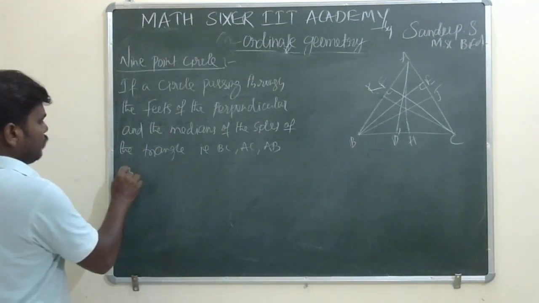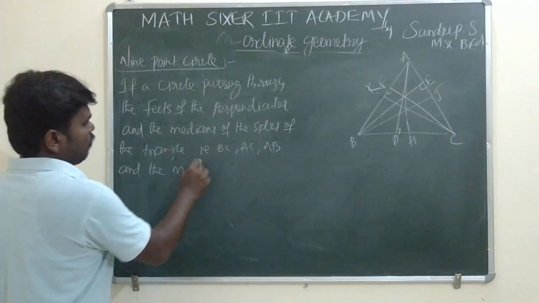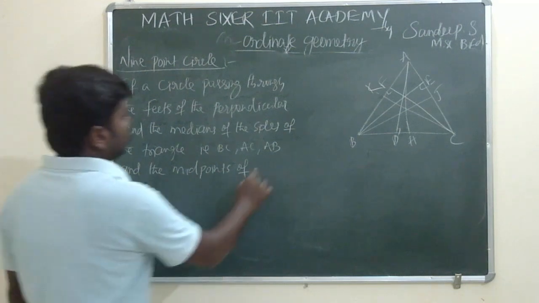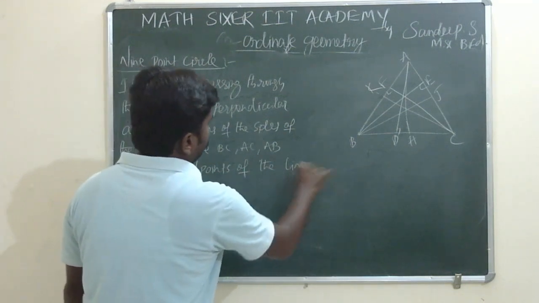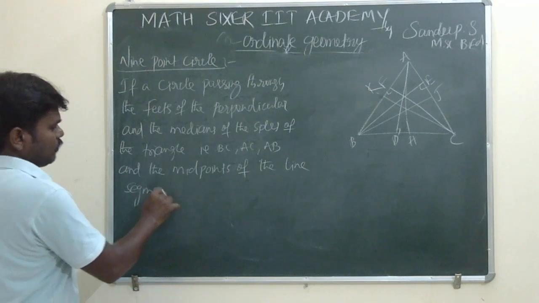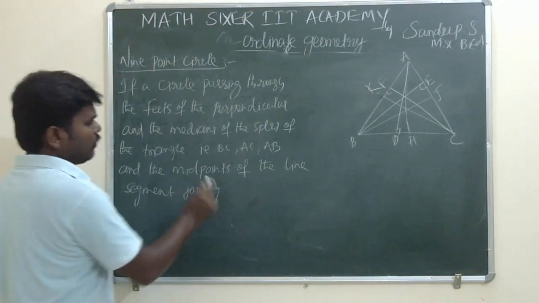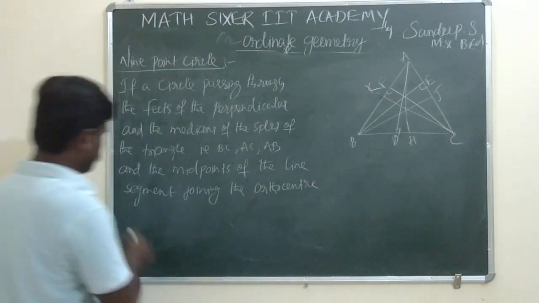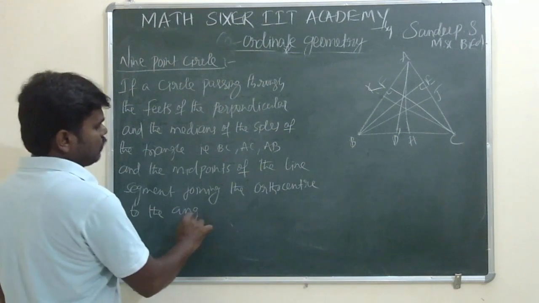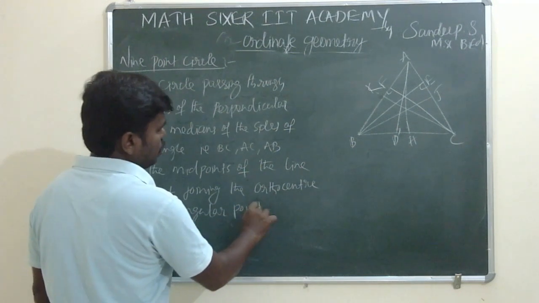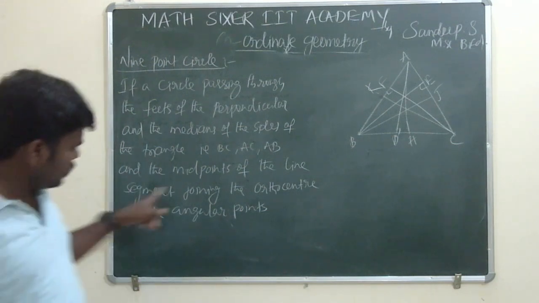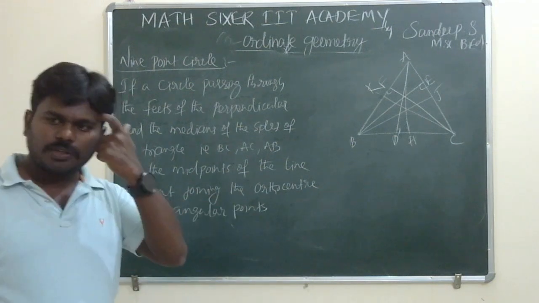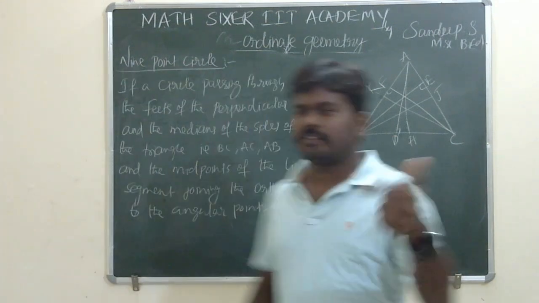And the midpoints of the line segments joining the orthocenter to the angular points. First, the orthocenter is the point of concurrency of the altitudes.